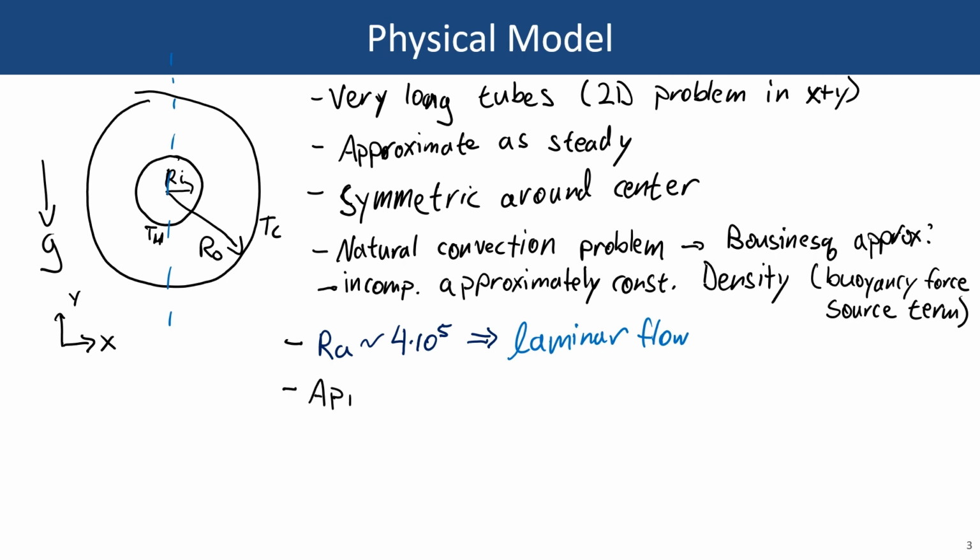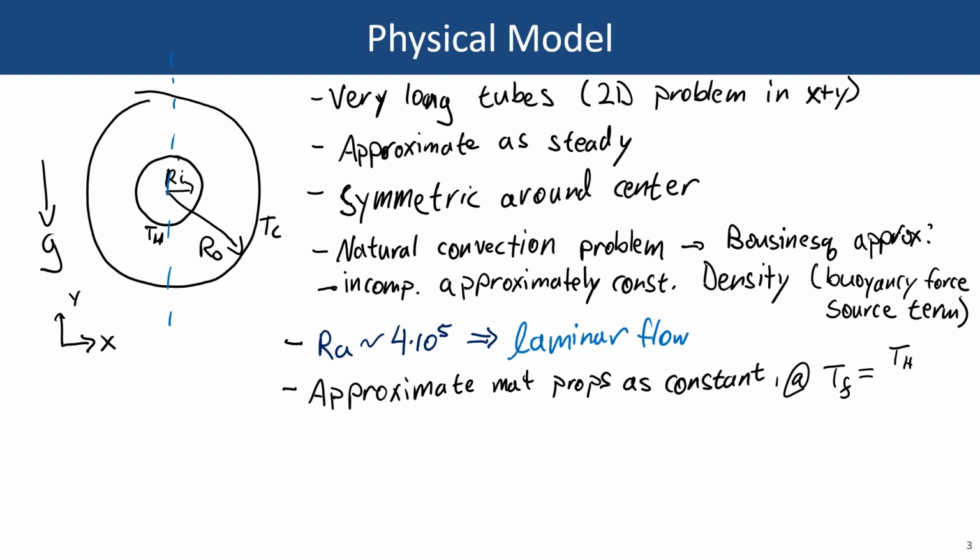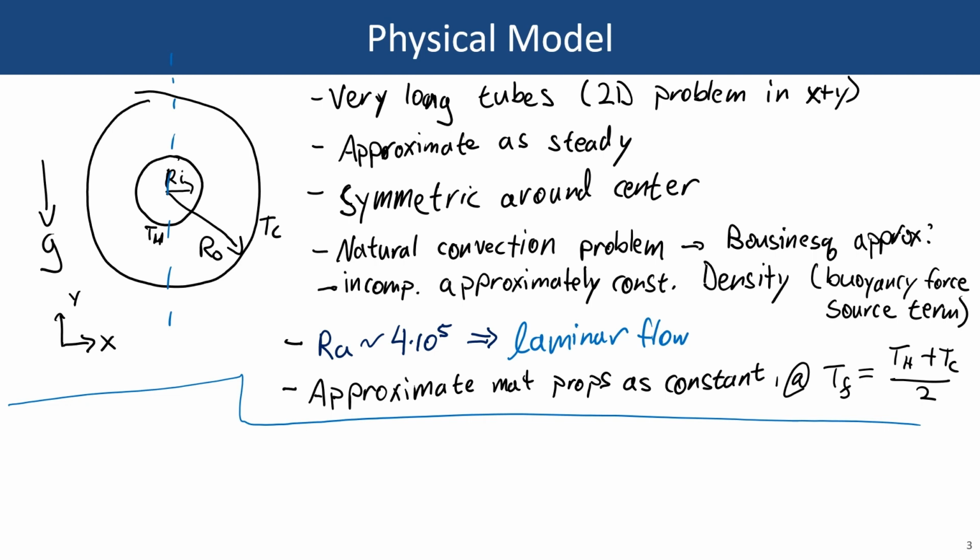So we'll make an approximation that the material properties are all constant, and we're going to evaluate them at T film, where T_F is equal to (T_H plus T_C) over 2. At this point, I think we have all the assumptions we need to simplify and describe this problem. So we can now write out the governing equations.